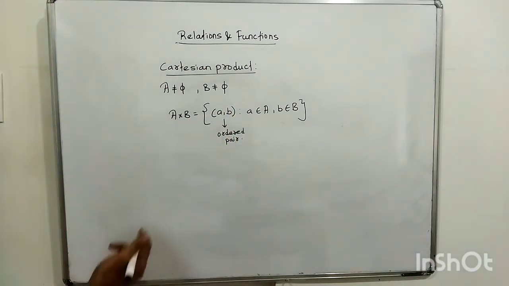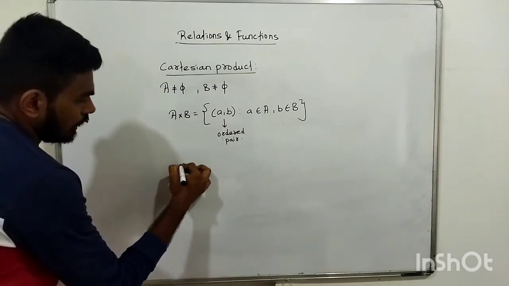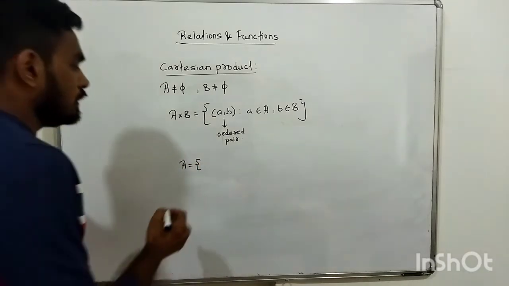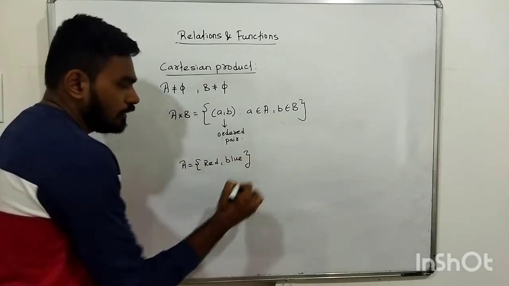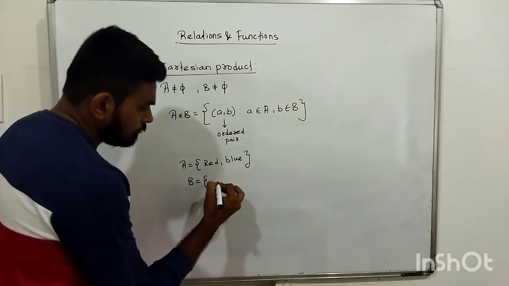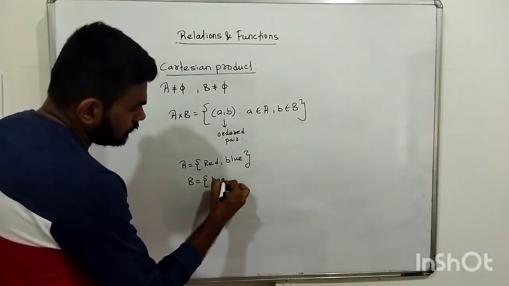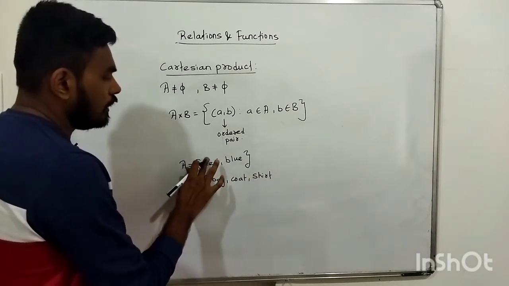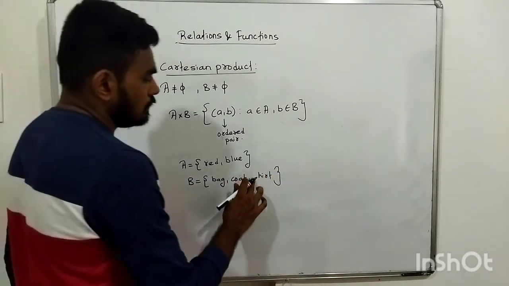So for example, if we have A as the set of two different colors, red and blue, and if we have one more set B, the set of three different things, for example bag, coat, shirt.